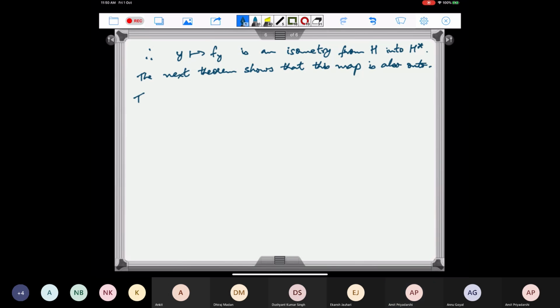So this is a very important theorem. This is called the Riesz representation theorem. This is Riesz representation theorem for Hilbert space.